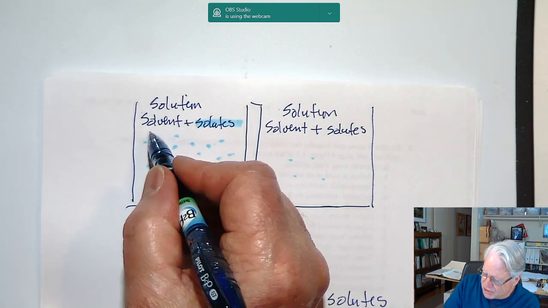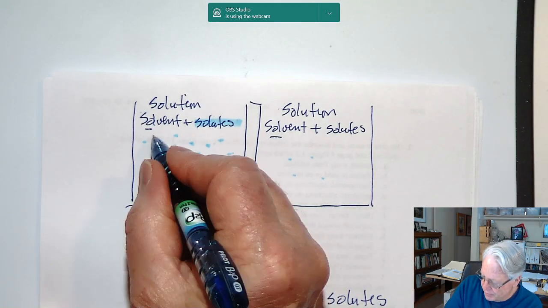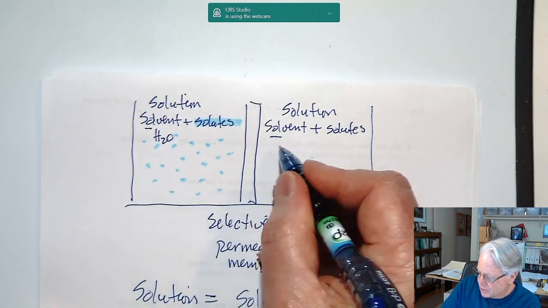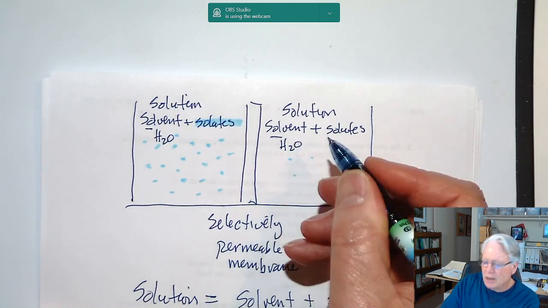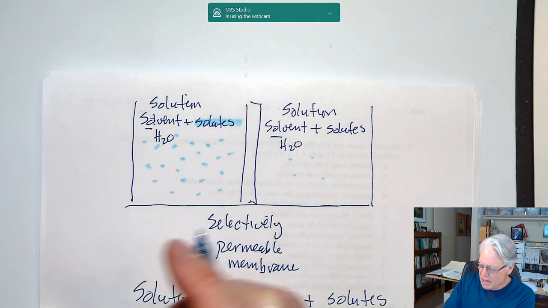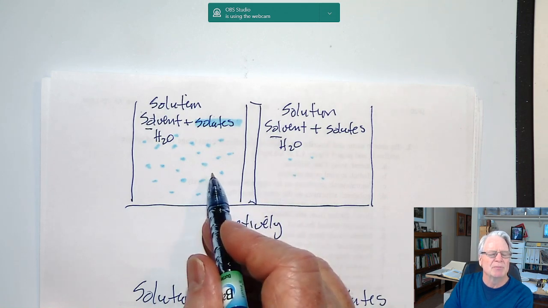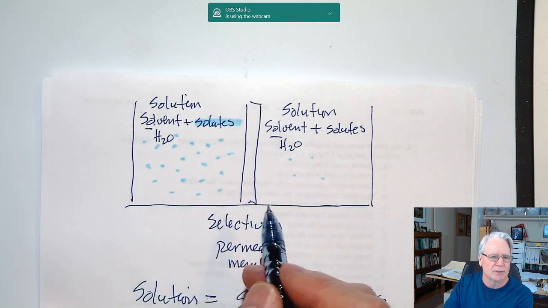So that leaves the solvent. The solvent will have to move. Water is going to have to move. But now we have a problem. How do we figure out which side of this selectively permeable membrane has more water?